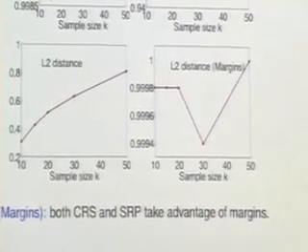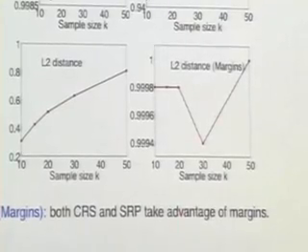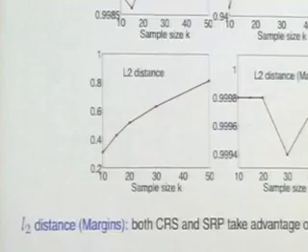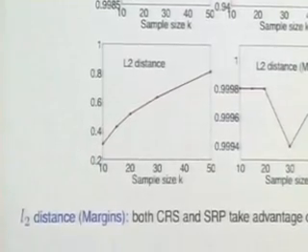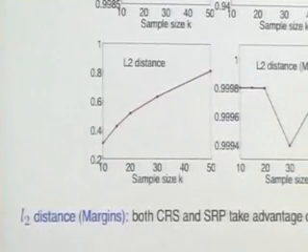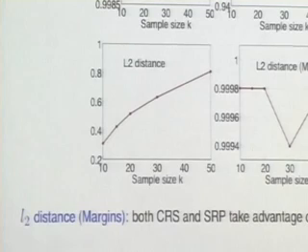So why is the bottom left one so different? Oh, for the L2 distances? Well, for the L2 distances, if you don't take advantage of margins, random coordinate sampling is very sensitive to the heavy-tailedness of the data. And it's less sensitive in the L1 case because when talking about errors, we're talking about the variance.